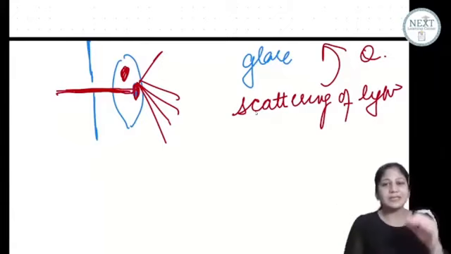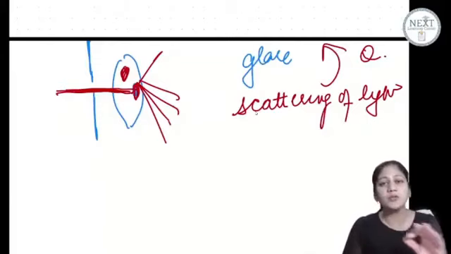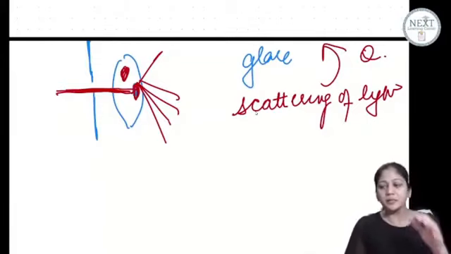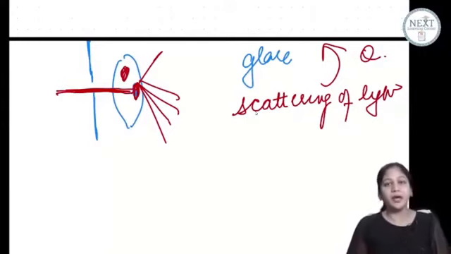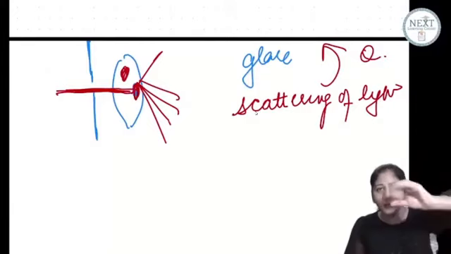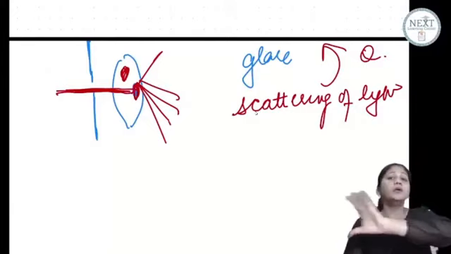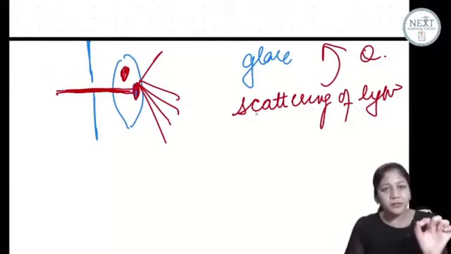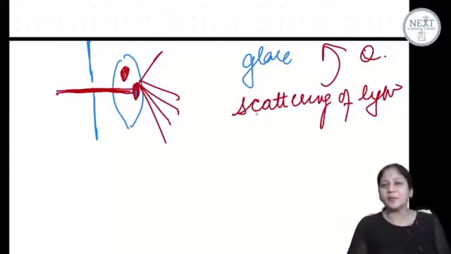So this glare will happen in posterior polar also, but it is most common with posterior subcapsular. Why? Because there is a nodal point of the eye, and at that nodal point of the eye, all the light rays converge before they go on to the retina. Now this nodal point of the eye is very near the posterior subcapsular cataract.